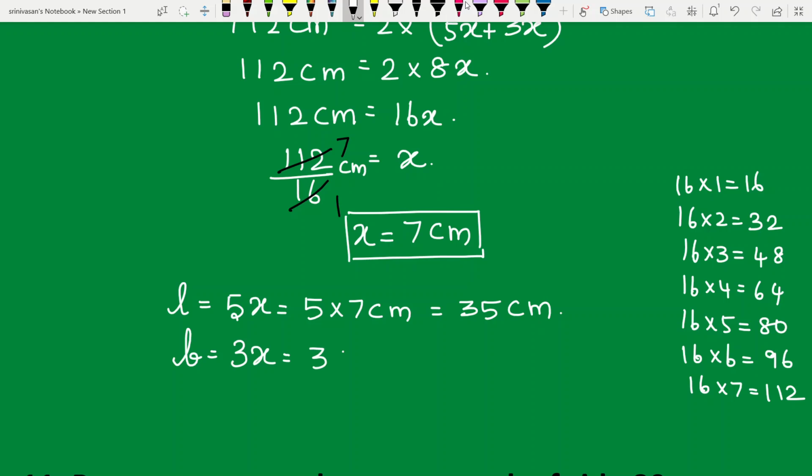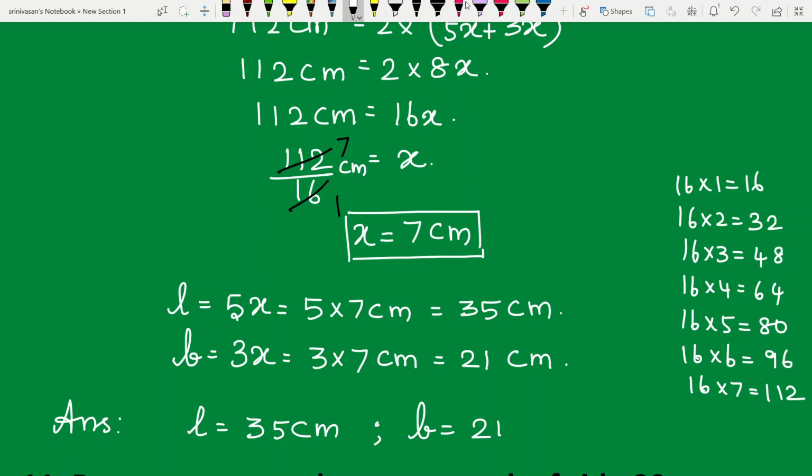So now multiply 7 with 3. That is 21 centimeter. Now we got the dimensions of the rectangle. It is length equal 35 centimeter and breadth equal 21 centimeter.